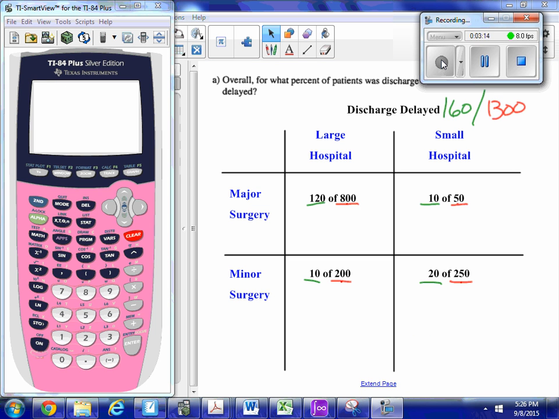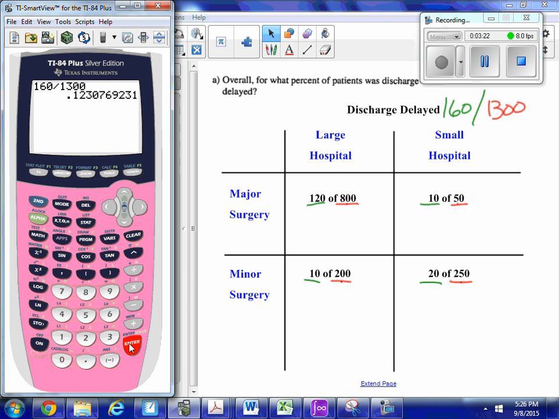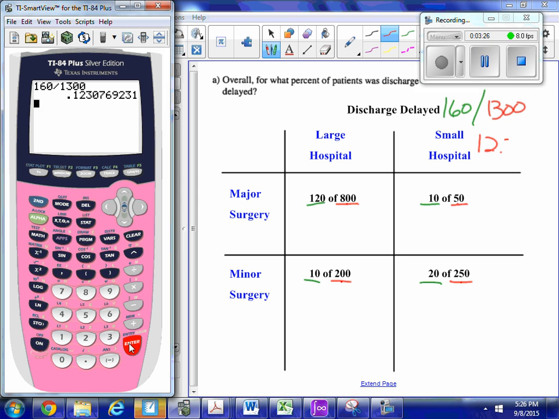Here's the calculator. 160 divided by 1300. Well, about 12.3% would be the answer here. 12.3% were delayed in their discharge.